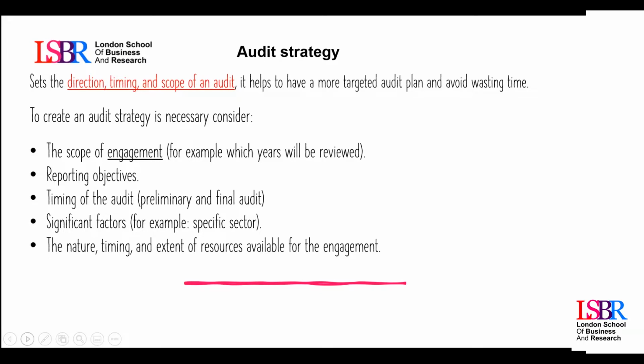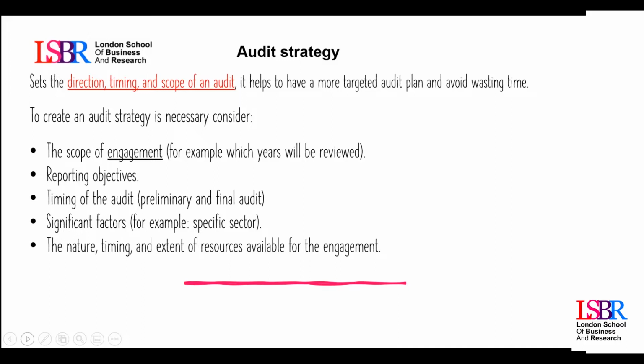To create an audit strategy it is necessary to consider the scope of the engagement. For example, what are the periods that we are going to review? If the service that we are going to provide is to review the last year, the last 2 years, the last 10 years. So the strategy contains the scope of the engagement.